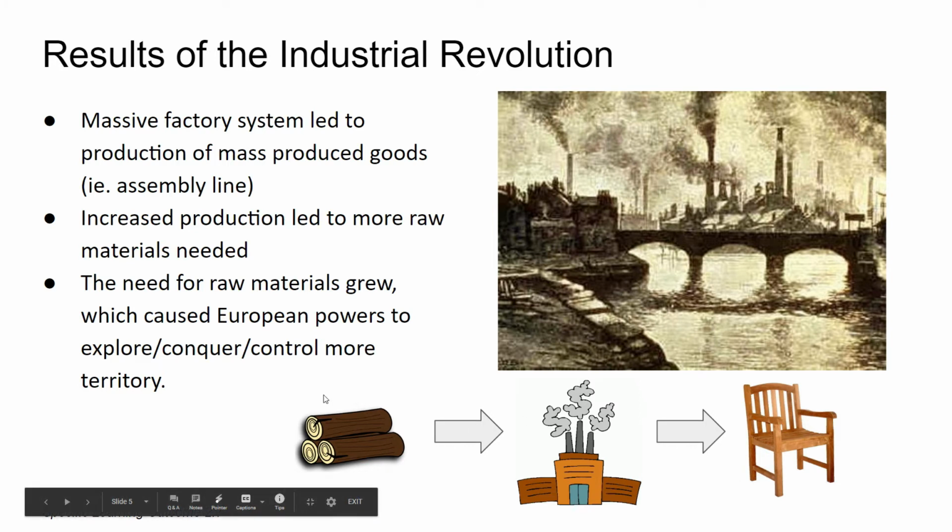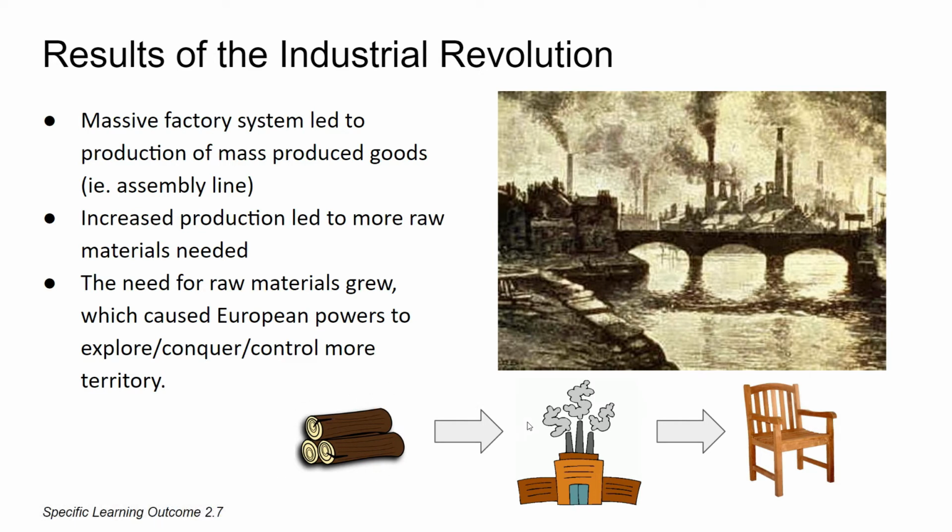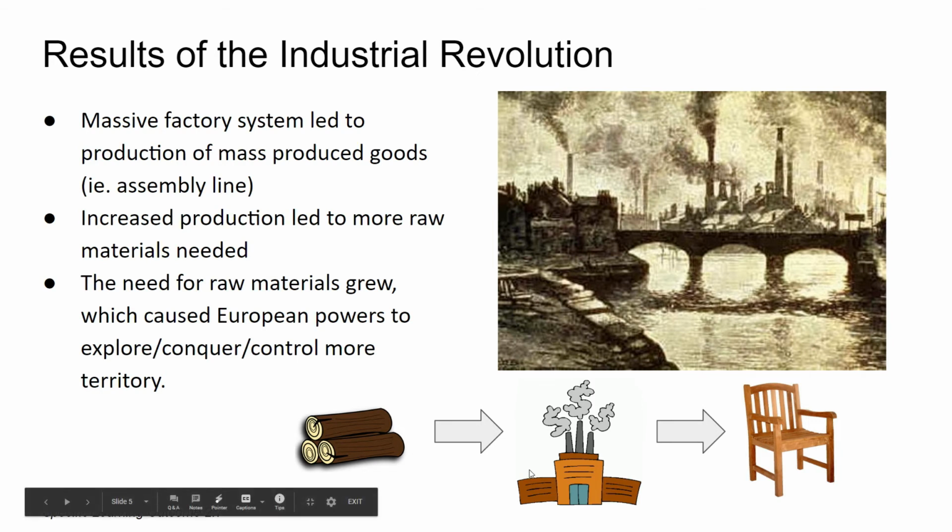In short, the timber would get shipped back to Europe, then sent to a factory. The factories would assemble it in an assembly line fashion, with each member focusing on only one job: one nail, one screw, one piece of the chair. Eventually you were able to mass produce chairs, a lot more than the traditional carpenter craftsman labor done in the past.